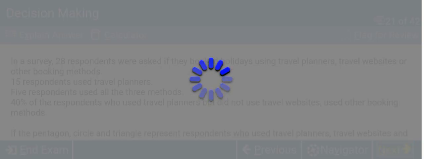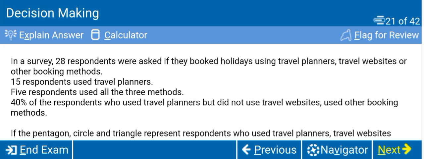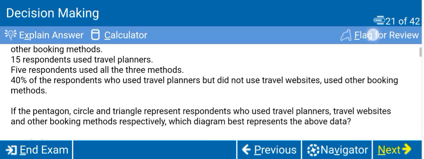Next question, question number 21. It says, in a survey, 28 respondents were asked if they booked holidays using travel planners, travel websites, or other booking methods. 15 respondents used travel planners, 5 respondents used all three methods. 40% of the respondents who used travel planners but did not use travel websites used other booking methods.